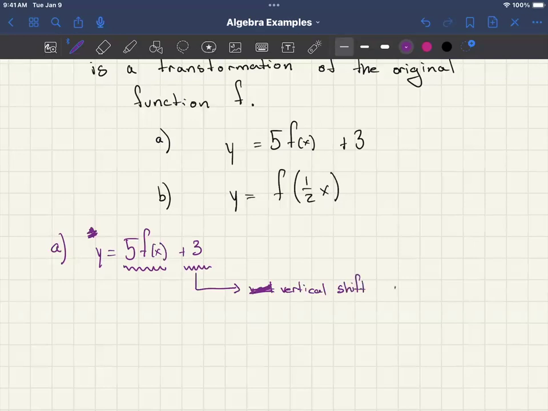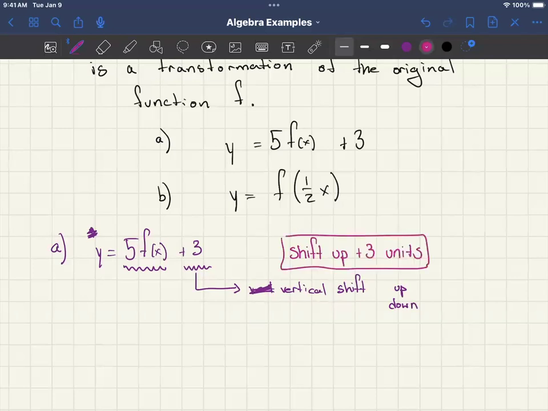And it's going to go up or down depending on whether it's positive or negative. In this case, we're talking about a positive 3. So our graph is going to shift up plus 3 units because we have a plus 3 on the end. So that is one of the things that is going to happen in this particular transformation that we're looking at.